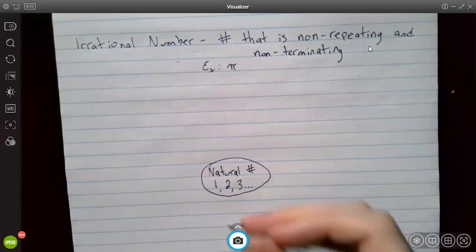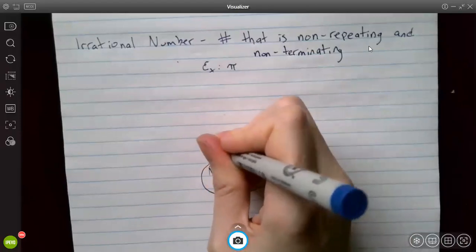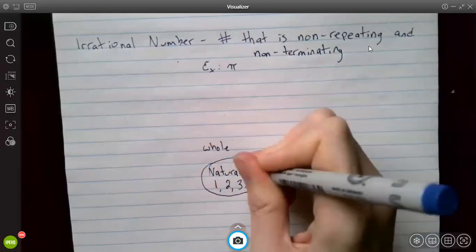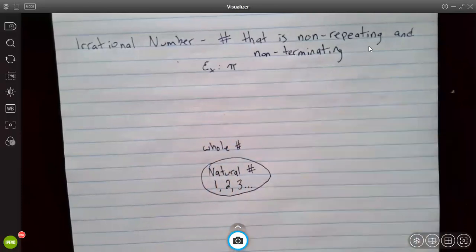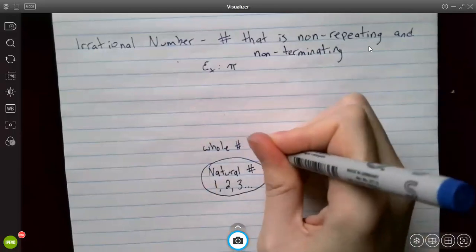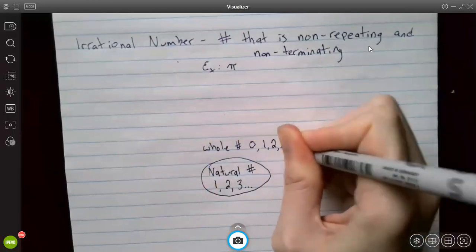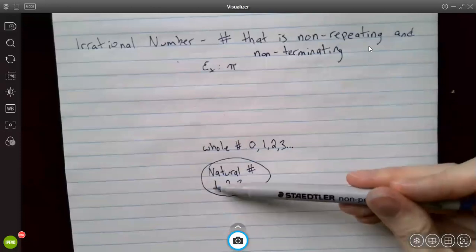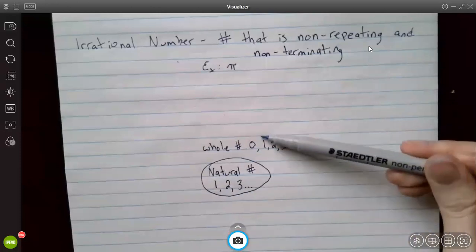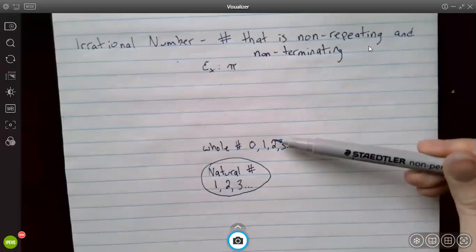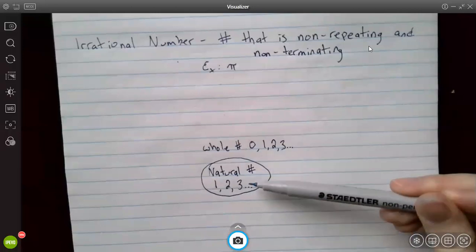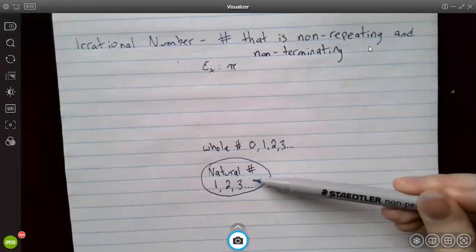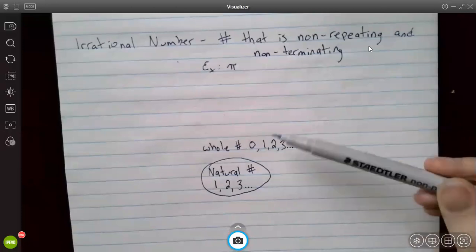The next type of number is a whole number, which is anything above 0, including 0. So 0, 1, 2, 3, and onwards. So all natural numbers are also whole numbers. The only difference between these categories is that natural numbers don't include 0 and whole numbers do.